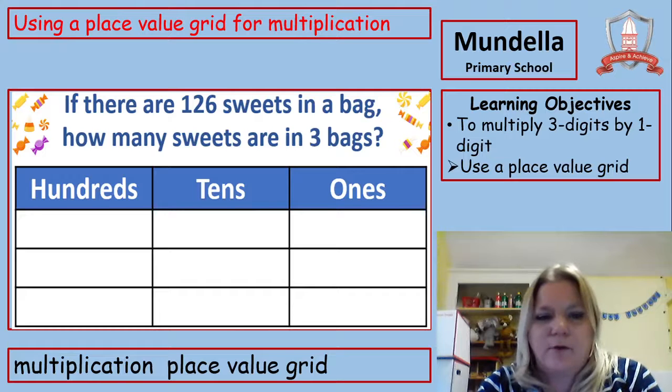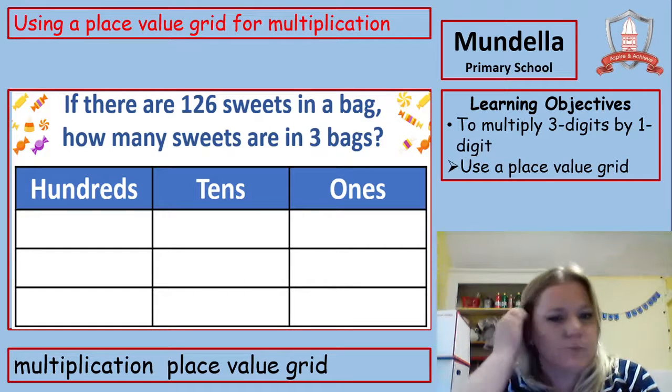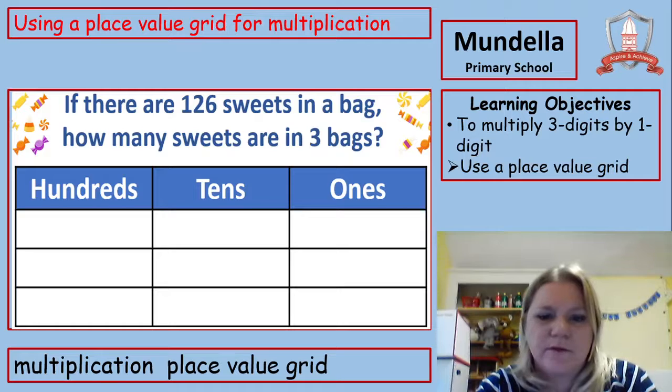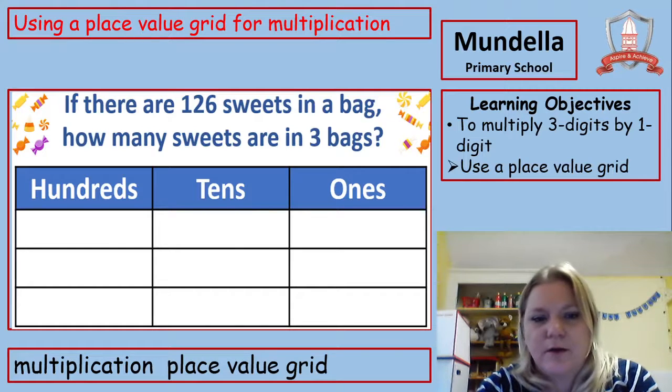Set your work out in the place value grid with hundreds, tens and ones, and draw in base 10 for the hundreds, the tens and the ones. Pause the video and have a go at that calculation now.